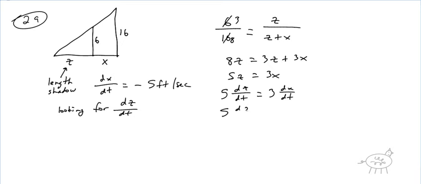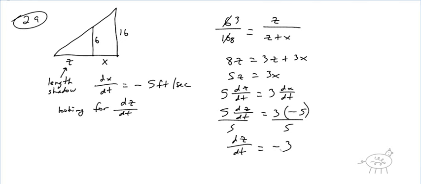So 5 dz/dt equals 3 times dx/dt, which is negative 5. Then I divide both sides by 5. So dz/dt is equal to negative 3. That's it. My answer is negative 3 feet per second. That's how fast the shadow is changing as I'm walking away.